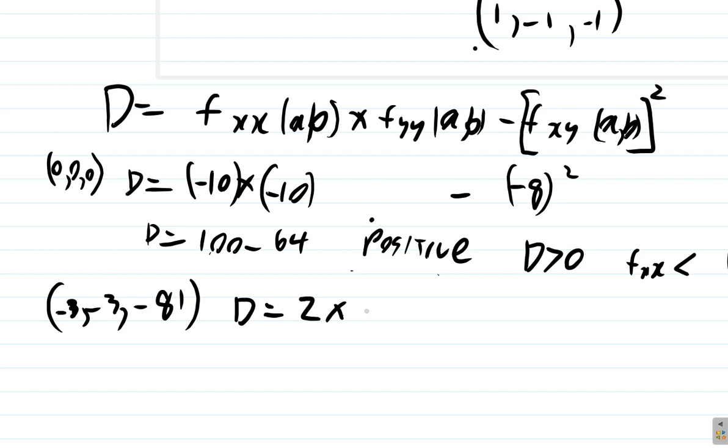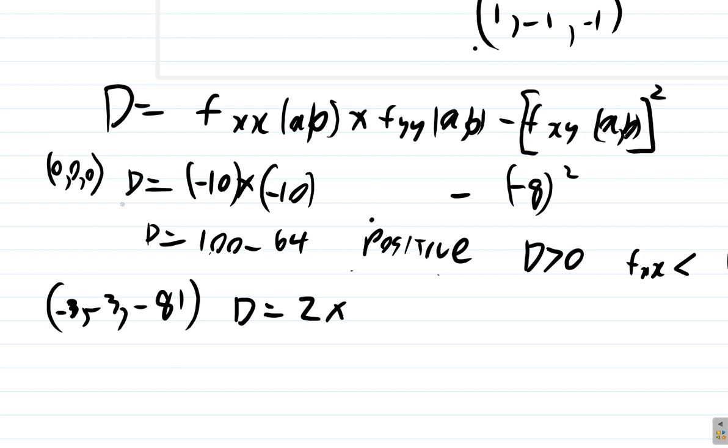So here, fxx is negative, but we also need to find out what happens to D at that point.